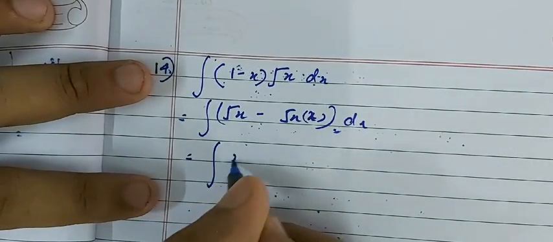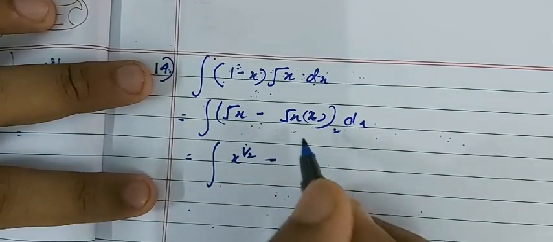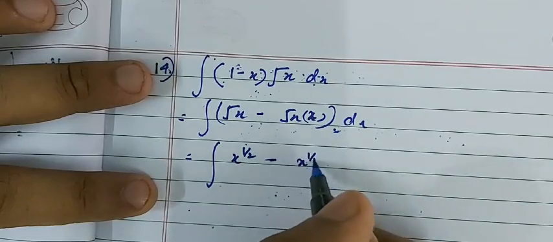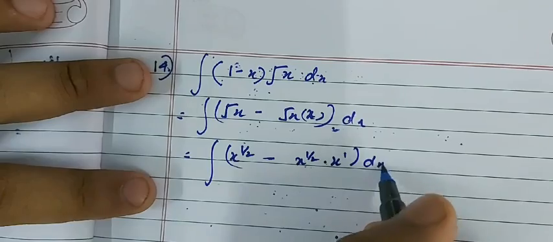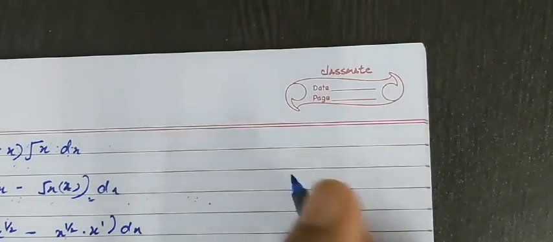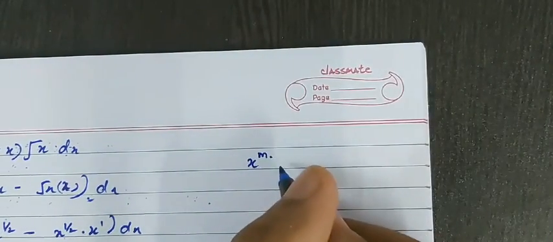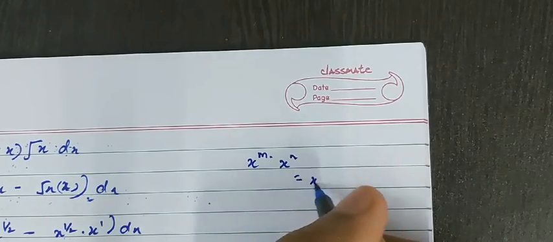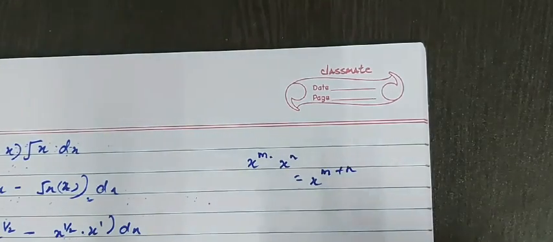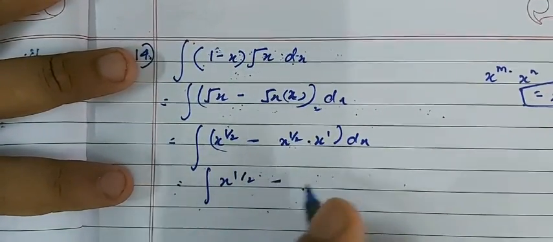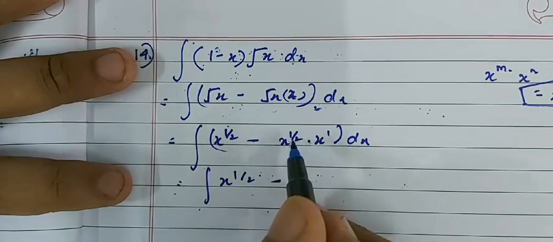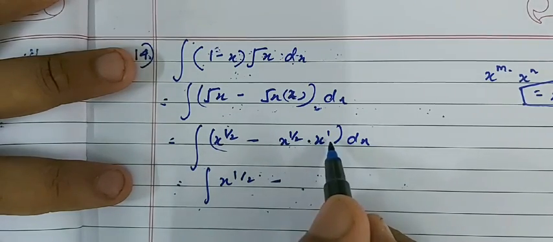Now what is root x? Root x is x raised to 1 by 2. Root x into x is x raised to 1 by 2 into x raised to 1. So we have learned that x raised to m into x raised to n is equal to x raised to m plus n. So we can write here like this: x raised to 1 by 2 minus x raised to half plus x raised to 1.